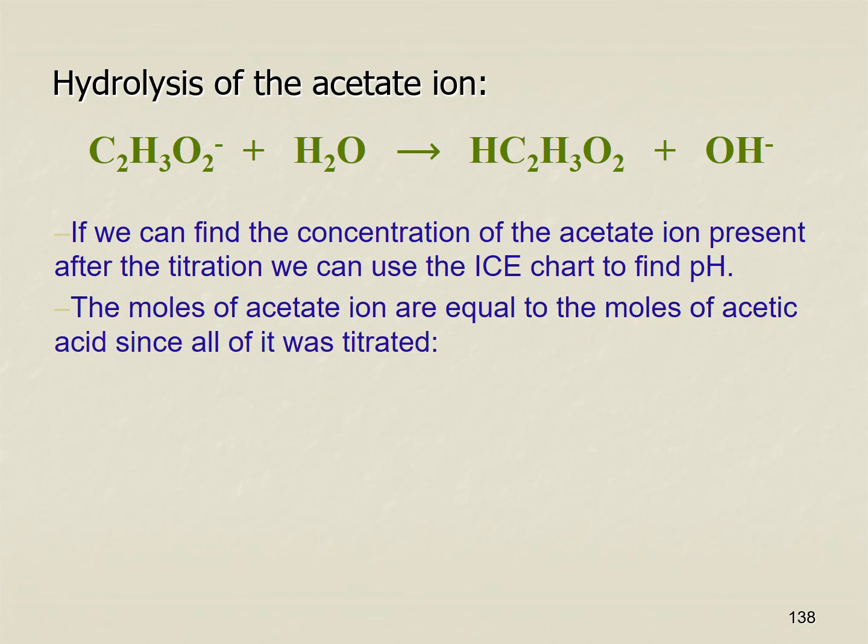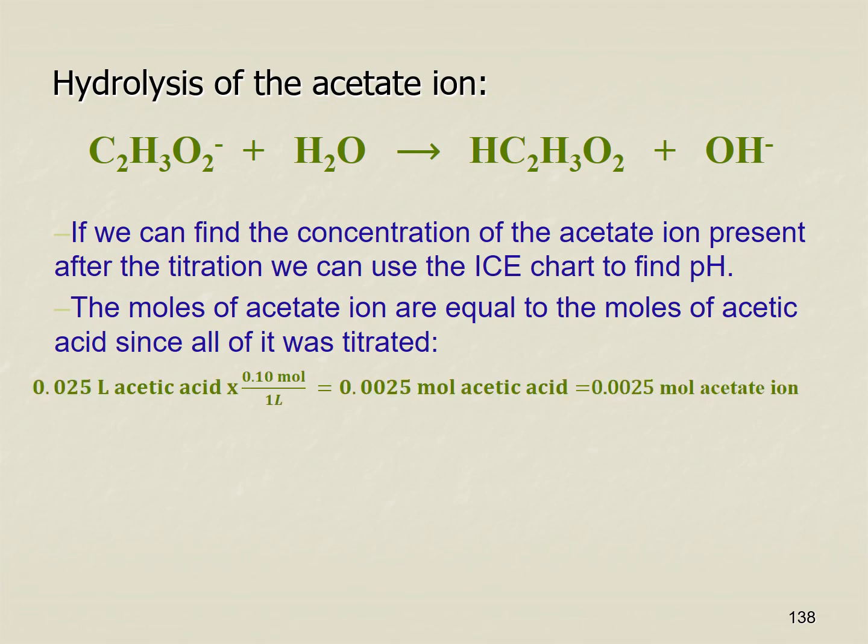The first thing you have to do, though, is figure out the moles of acetate ion. The moles of acetate ion will be the same as the moles of acetic acid that we started with because all of it was titrated. So if we put in 25 milliliters of acetic acid, or 0.025 liters, and the concentration of acetic acid was 0.1 molar, we titrated 0.0025 moles of acetic acid.